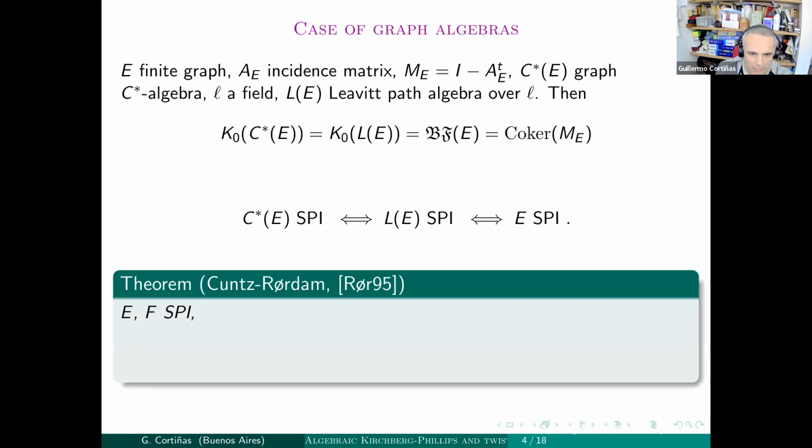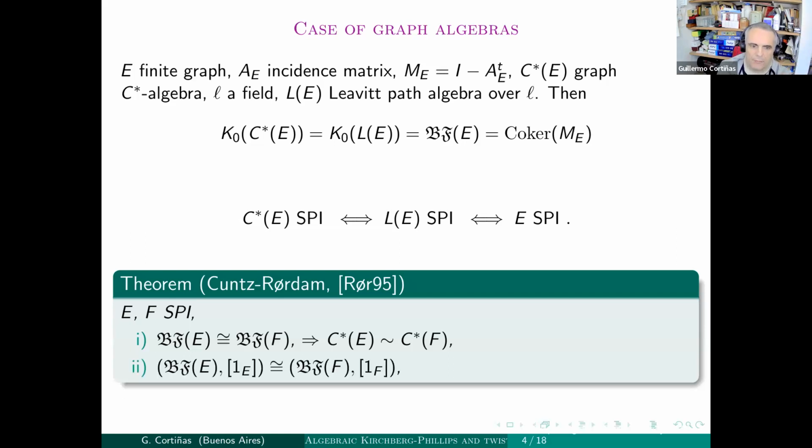the theorem published by Rordan that uses some ideas of Kunz says that if E and F are SPI and the Bowen-Franks groups of E and F are isomorphic, that is the K0s of C-star E and C-star F are isomorphic, then C-star E and C-star F are Morita equivalent, and if, moreover, the isomorphism between the Bowen-Franks groups takes the class of 1, which is the sum of the vertices, to the class of 1, then the C-star algebras are in fact isomorphic.